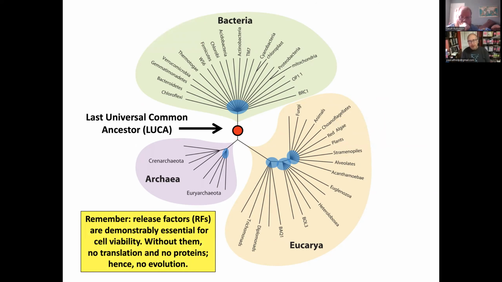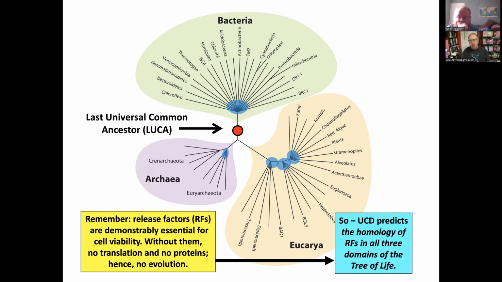Because they're demonstrably essential, we can probably reliably extrapolate out from that to the rest of the tree of life. In other words, if release factors are present in LUCA and performing that essential function, all of the descendant groups that have LUCA as their ultimate ancestor would also have release factors, and they're likely to be homologous.